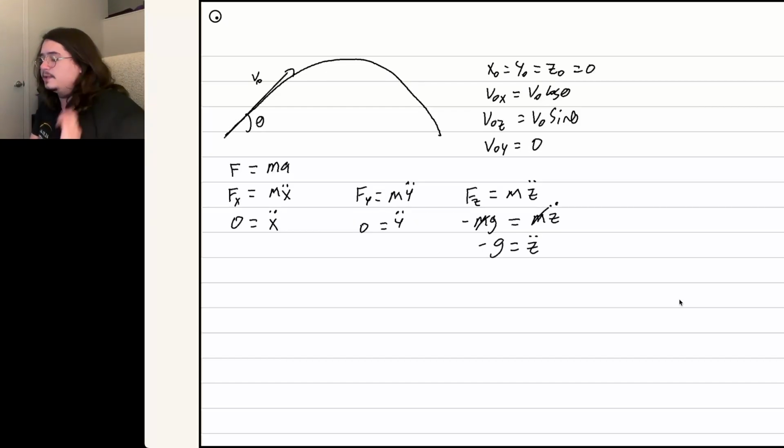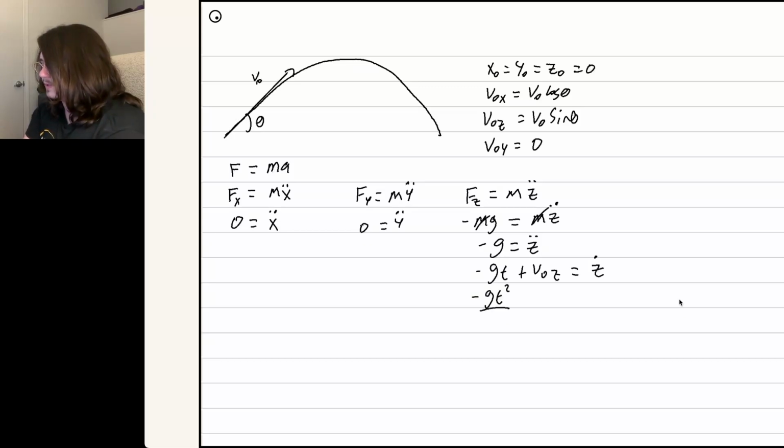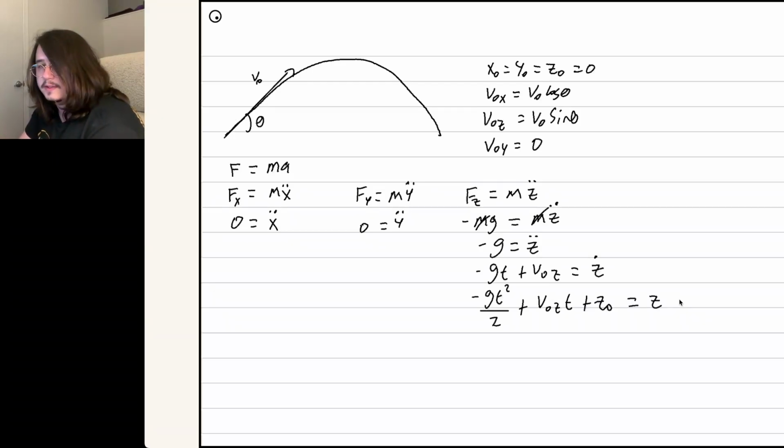If you do a little bit of a time integral on that, you'll get minus gt plus v naught z is z dot, and then do another time integral, get minus gt squared over 2 plus v naught z t plus z naught is z, the equation of motion in the z direction.